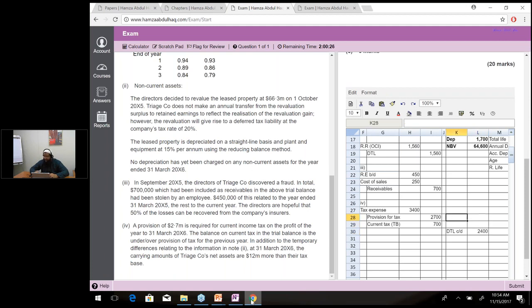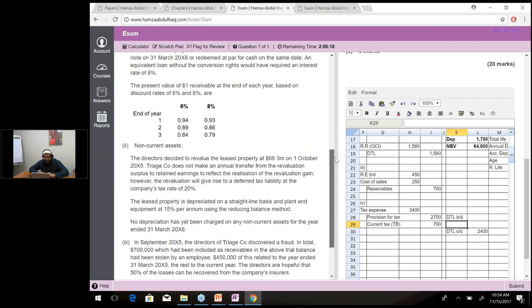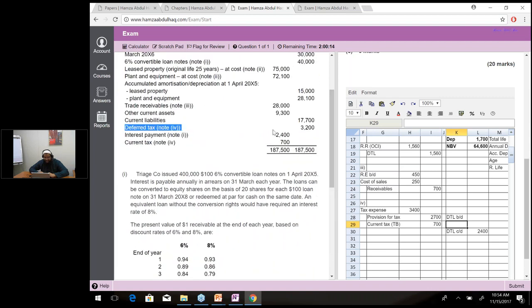So deferred tax liability carried down is 2400. And deferred tax liability brought down will be given in the trial balance. So if I move back towards the trial balance, I can see that the deferred tax is given as 3200. And as it is given on the credit side, this means that this is a liability brought down. If it would have been on the debit side, it would become an asset brought down.